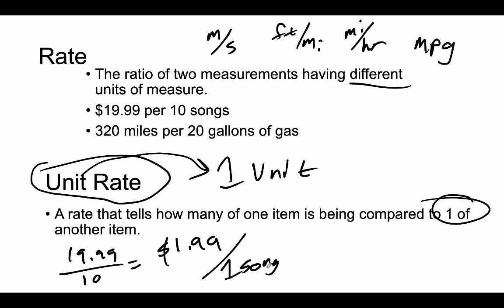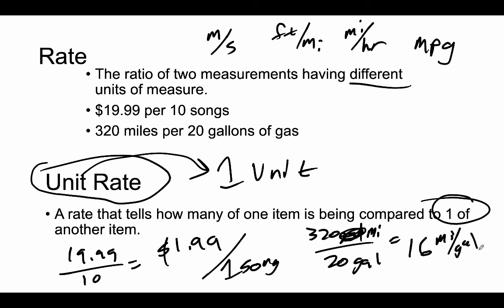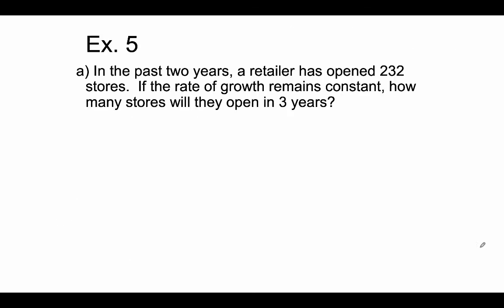So it's price per song is $1.99. 320 miles per 20 gallons. What is 320 divided by 20? That's 16 miles per gallon. That's what you're getting per gallon. So we're comparing it to one of another item.